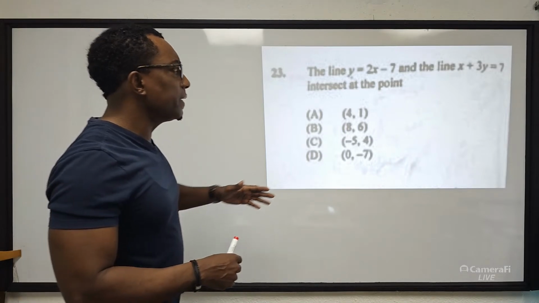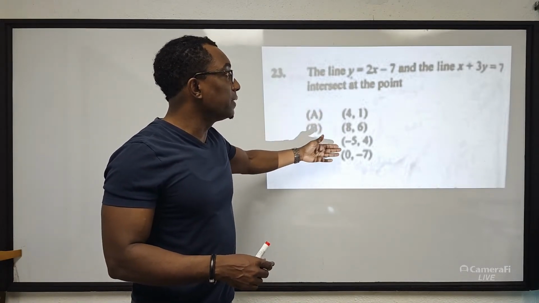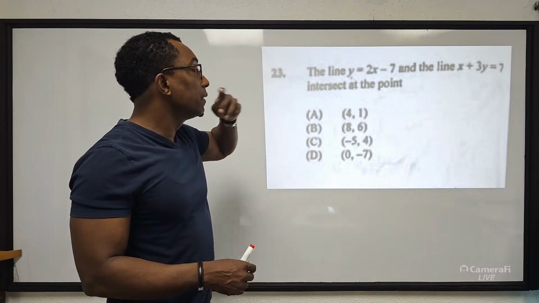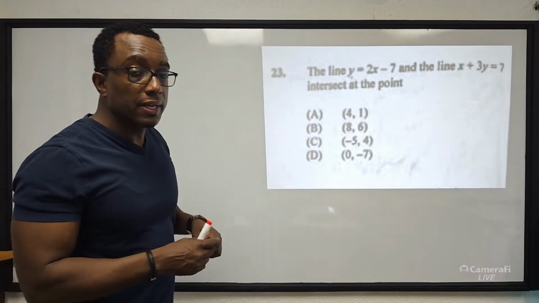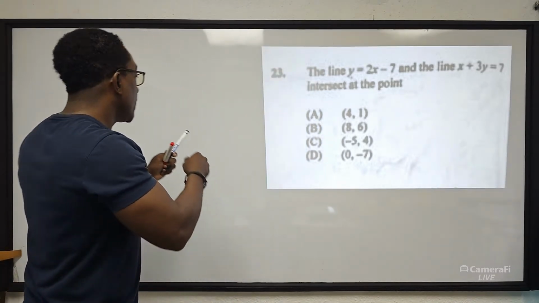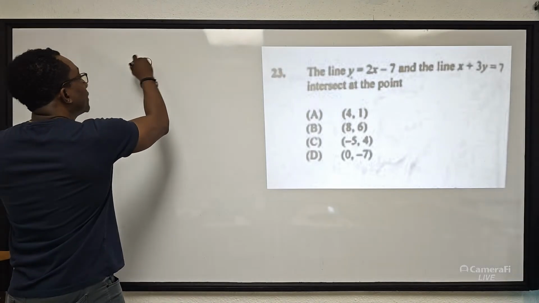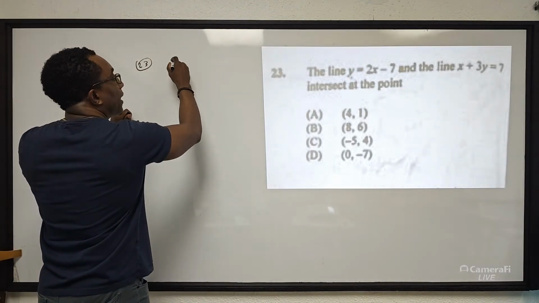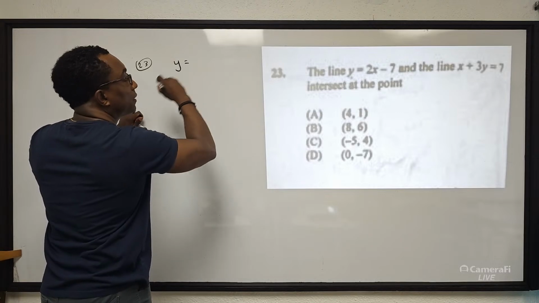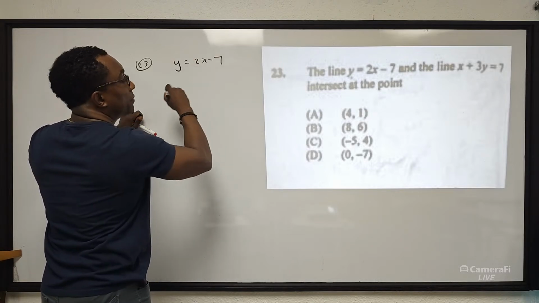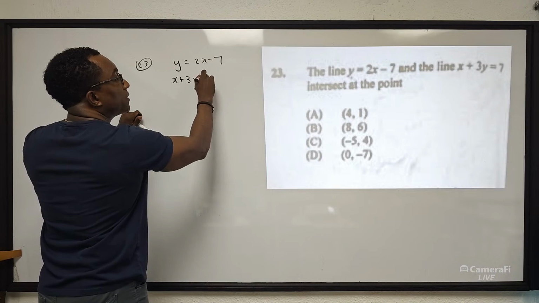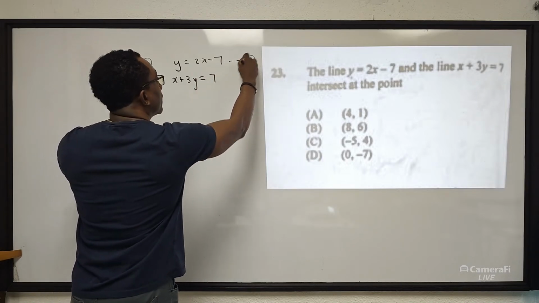Good? And we can do the same thing again, trial and error, take the points and substitute them and we must get some equality relationship going on, right? But if you have to solve simultaneously, we have y is equal to 2x minus 7 and we have x plus 3y is equal to 7.